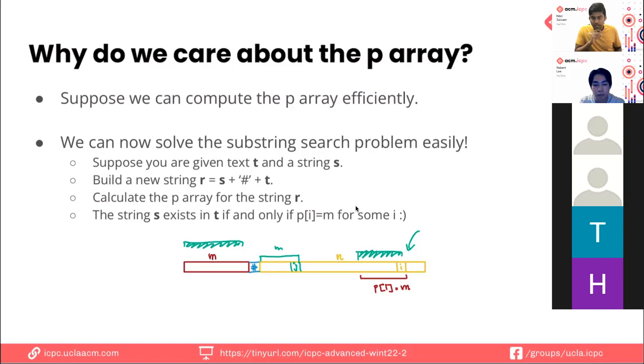Like if you have ABA and you want AB, the AB would be 0 because ABAB is like the full string, I guess, if that makes sense.